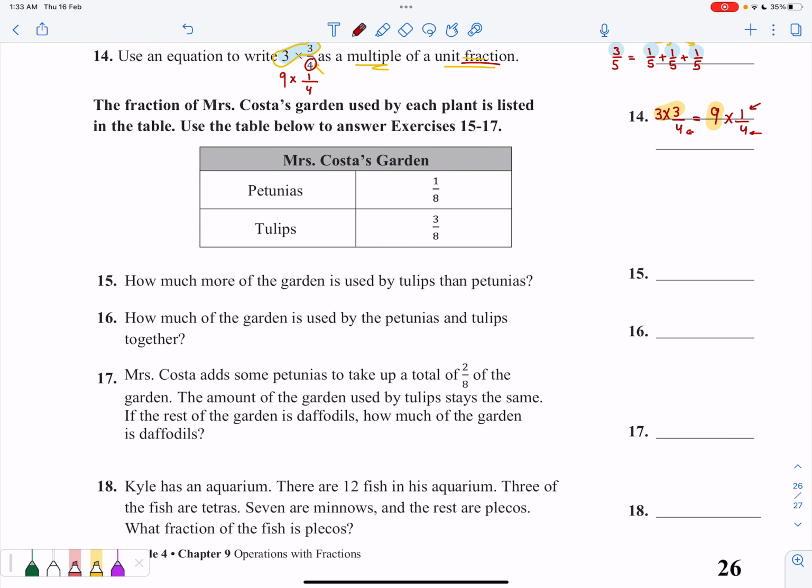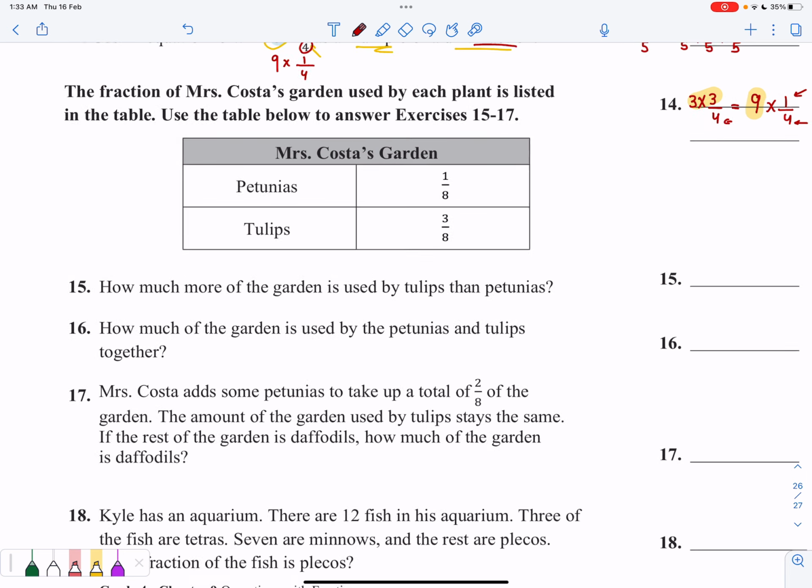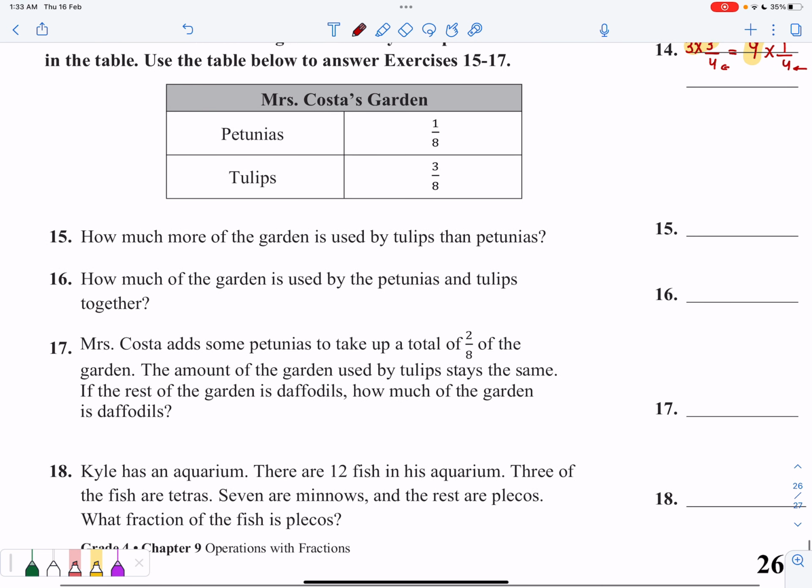Okay, finally we have a few questions about that table. The fraction of Mr. Costa's garden used by each plant is listed in the table. Use the table to answer these questions. Okay, so we have some kind of flowers, I guess. We have the petunias, I think.